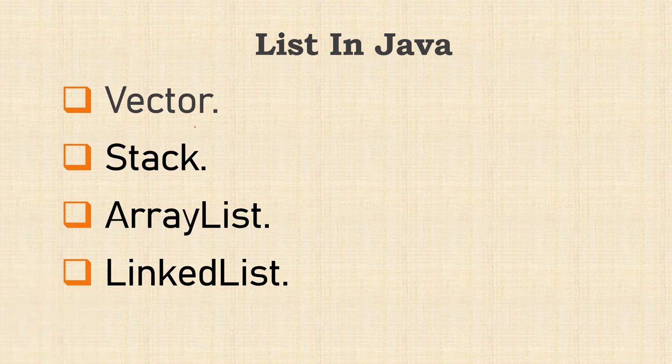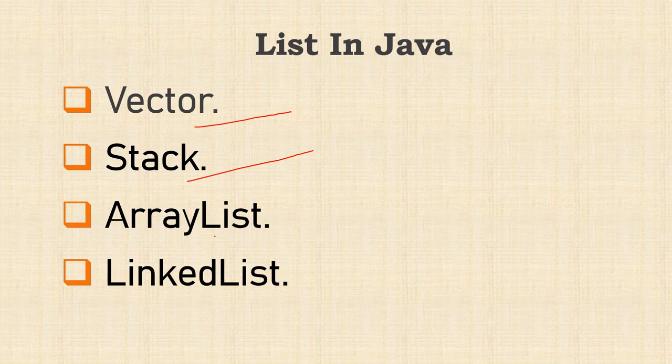Firstly we'll discuss vector, what is vector, and the coding questions of vector from core to advanced. Vector is an implementation class of the list interface. Stack is also an implementation class of the list interface. We are going to see all the questions from basics to advanced in the upcoming slides.